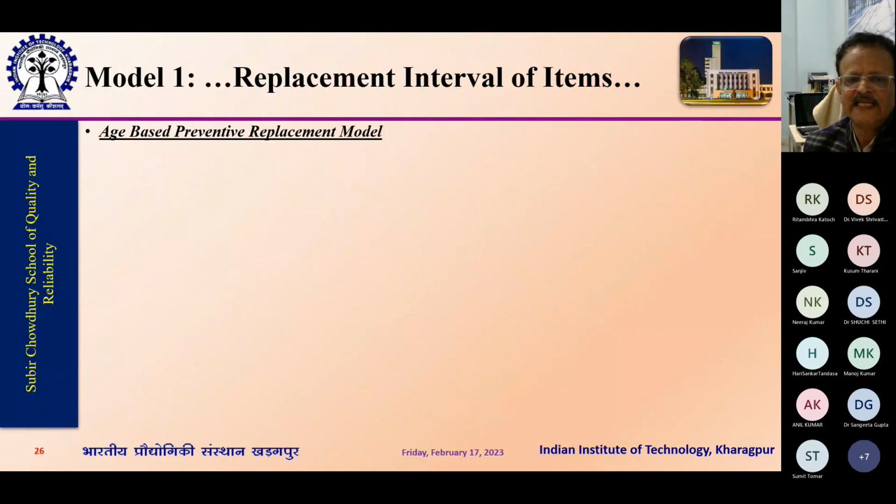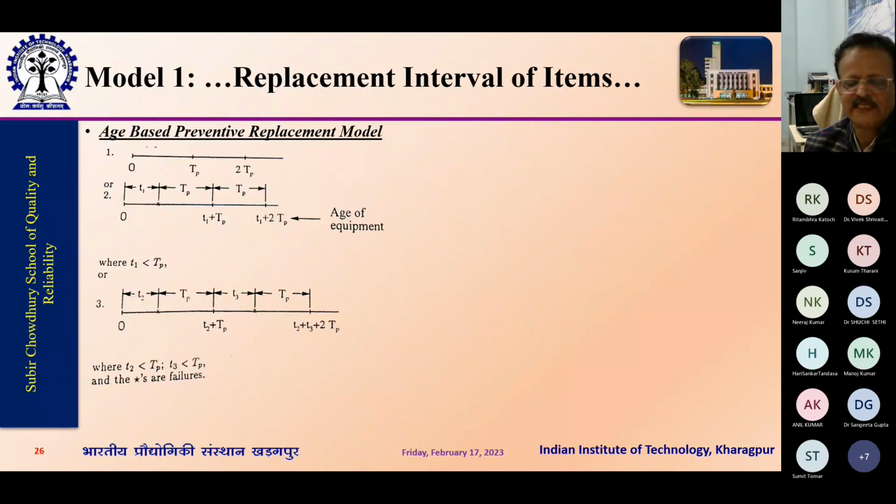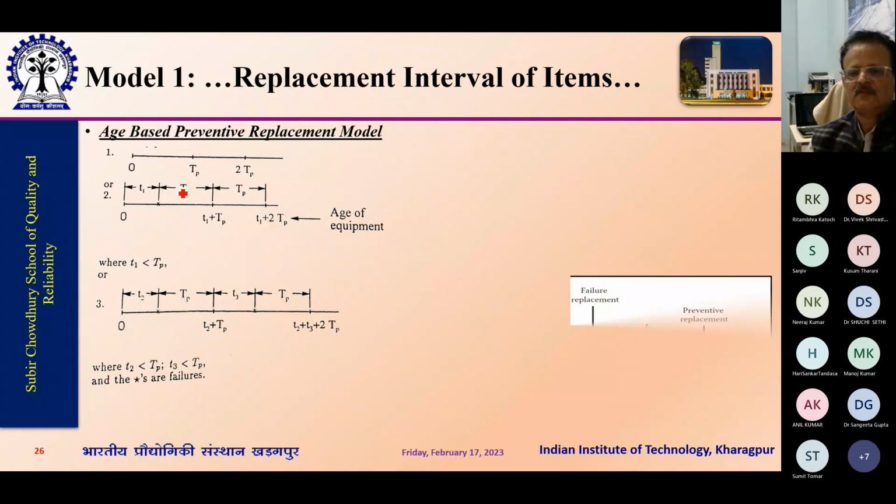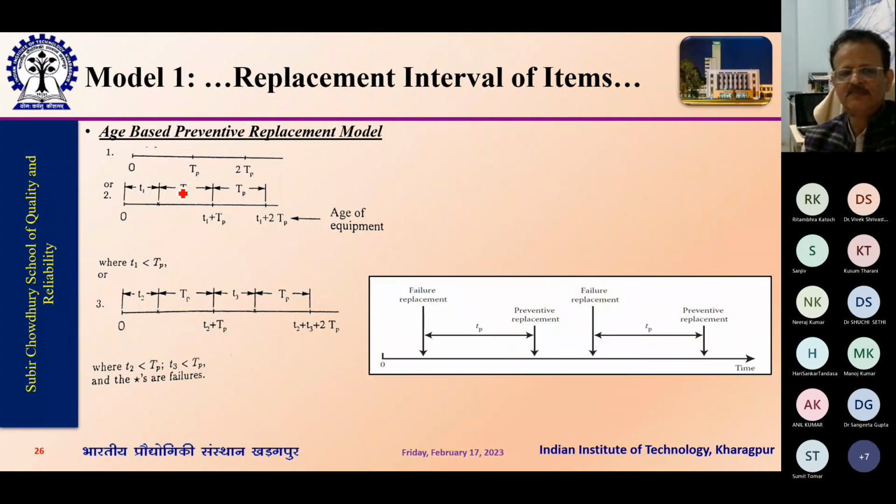This is known as age-based replacement. This is again a similar figure. When the item acquires a certain age, we replace it. So same scenario. This is a bigger picture. The item has failed. We have done the failure replacement, and it lives up to a certain age known as TP, which is the replacement time.